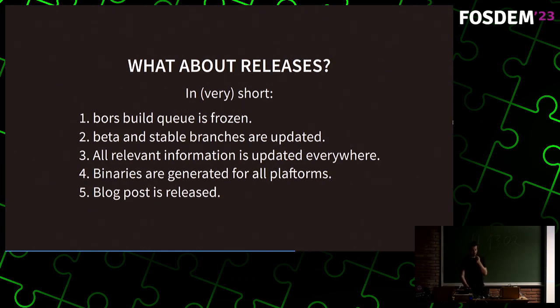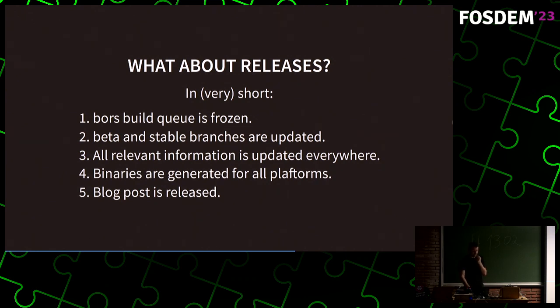So in this case, we freeze everything, and the only things allowed to be merged are the patches to make the stable and beta branches update. An important thing that isn't noted here is that we don't need to freeze for the nightly. We just say at a given time of every day, OK, this will be the nightly version for today. And that's it.